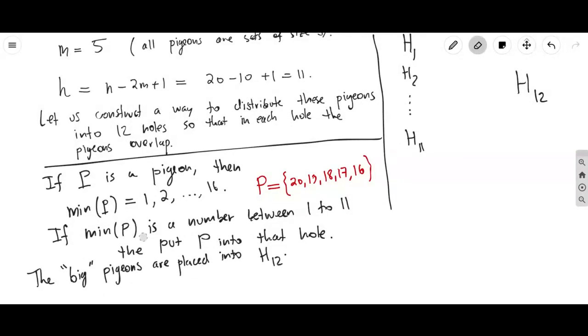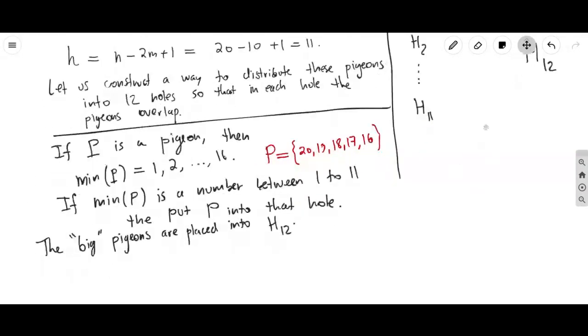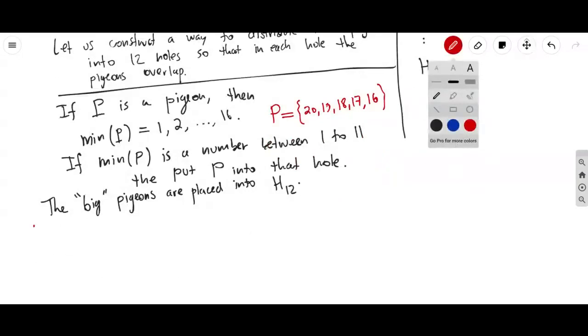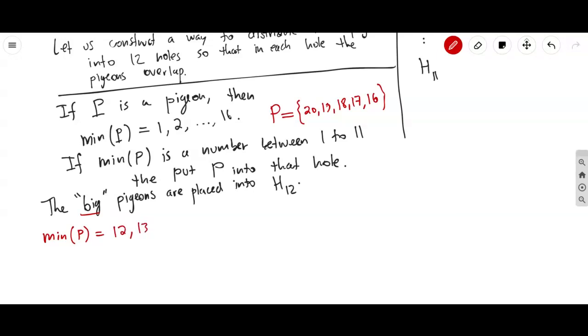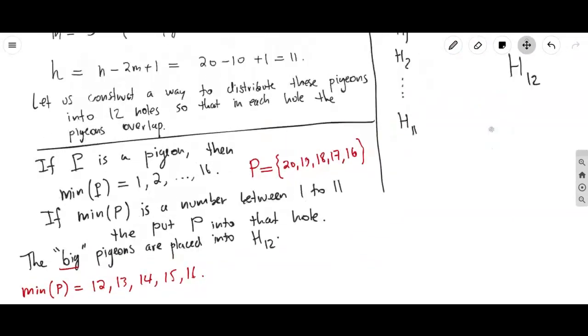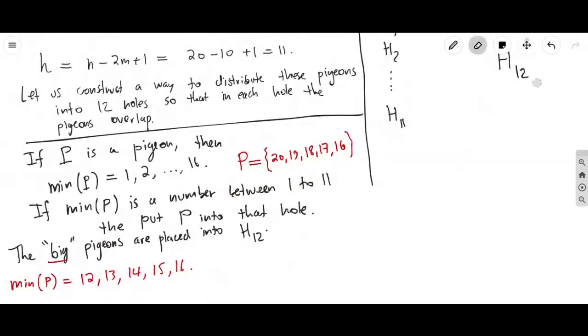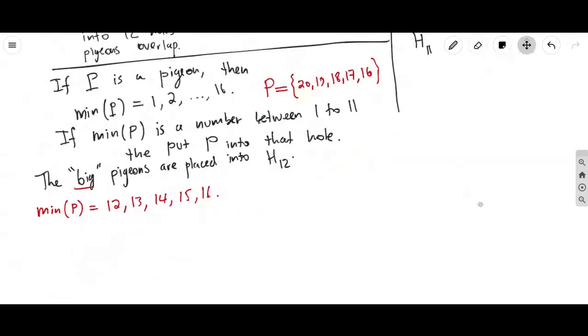A big pigeon is when you look at the minimum number of the pigeon, and it is 12, 13, 14, 15, or 16. That's what we mean by a big pigeon. So then those pigeons are placed into this remaining hole.